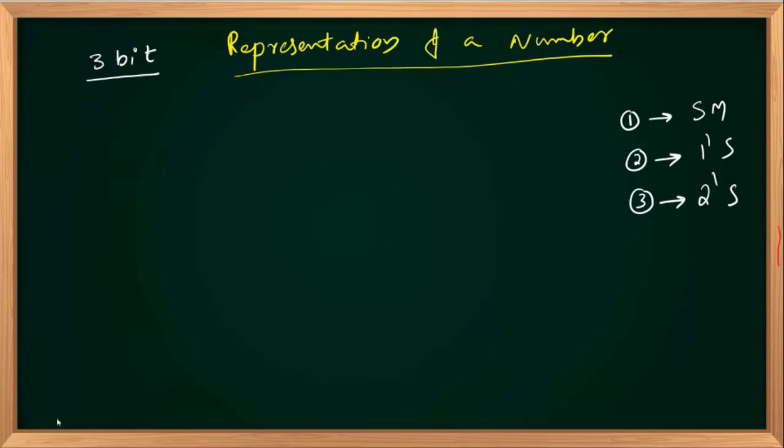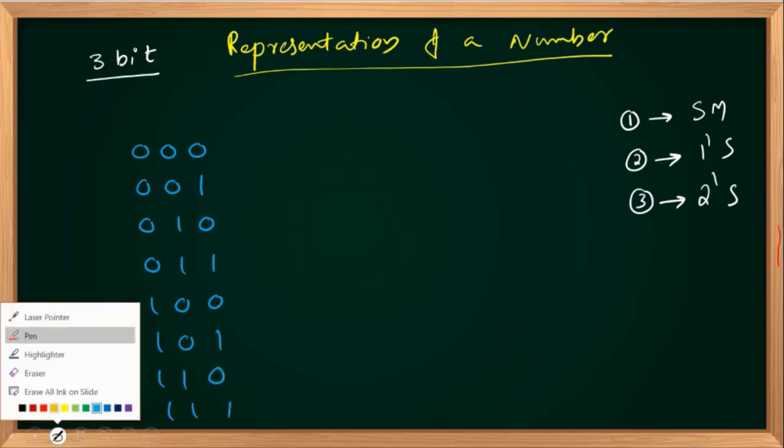All of you know that if I'm using three digits, I can have eight combinations, right? 0 0 0, 0 0 1, 0 1 0, 0 1 1, 1 0 0, 1 0 1, 1 1 0, and 1 1 1.